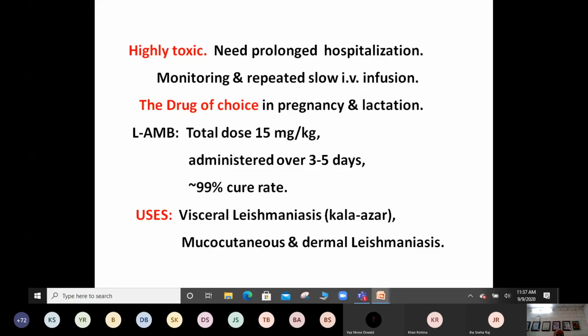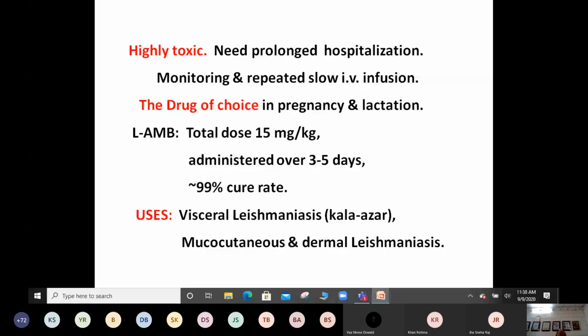Now coming to the dose, for liposomal amphotericin B, the total dose is 15 milligram per kg. This amount of drug is administered over 3 to 5 days by slow intravenous infusion. As I said, cure rate is approximately 99%.